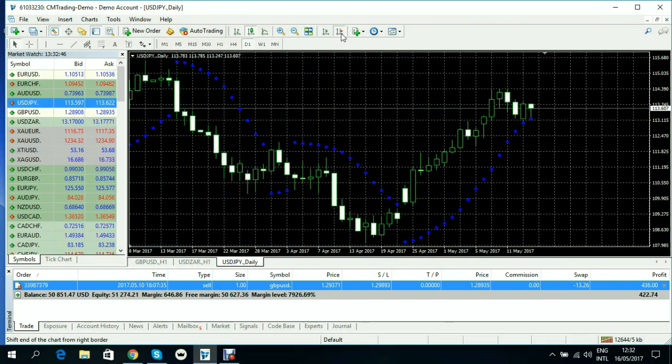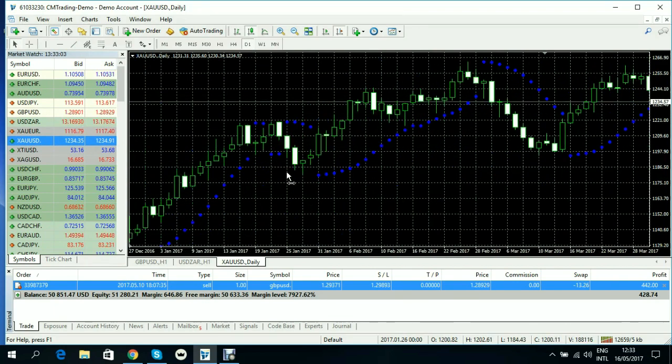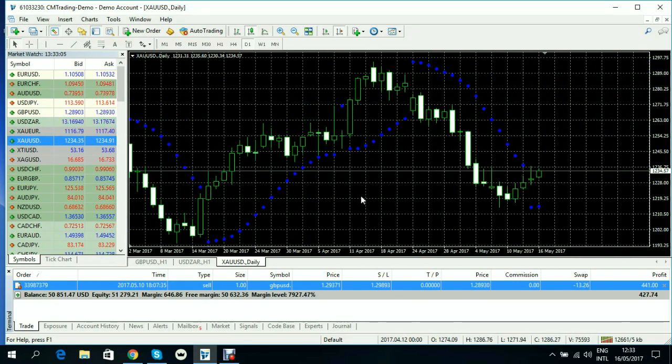It works the same way on other currency pairs, be it mineral, be it future, be it commodity. In fact, on all the tradable instruments, the parabolic works the same way.